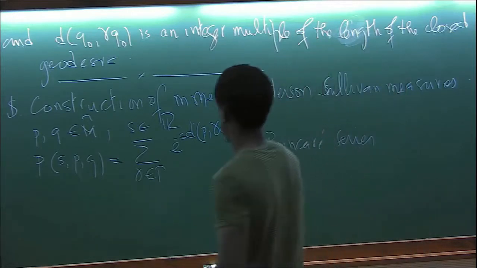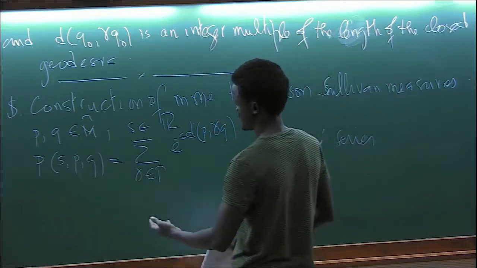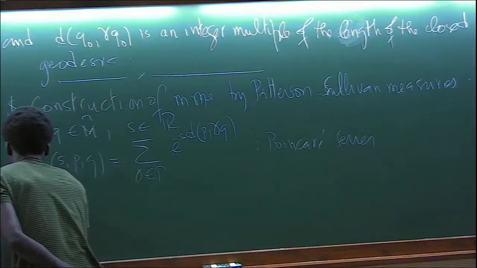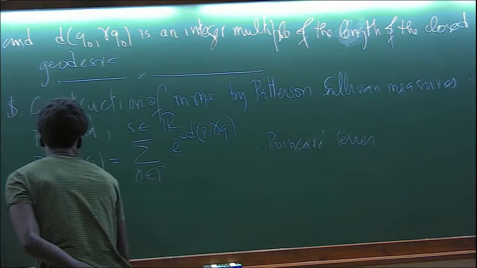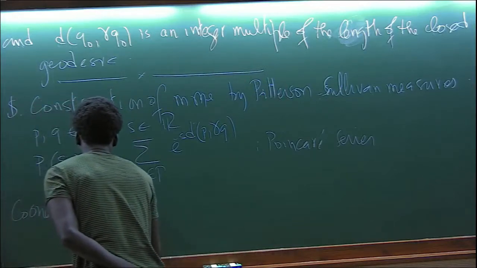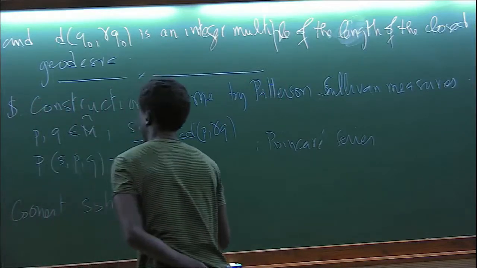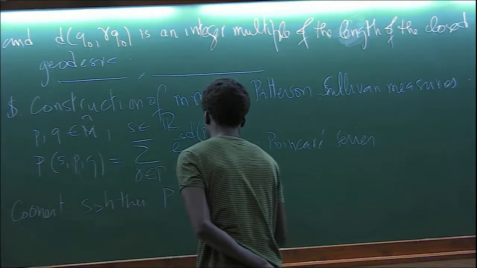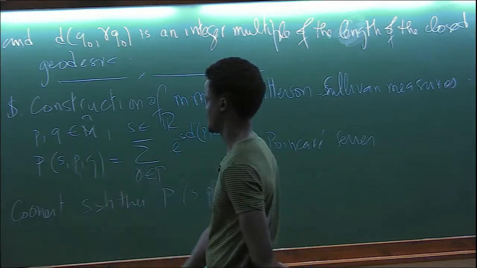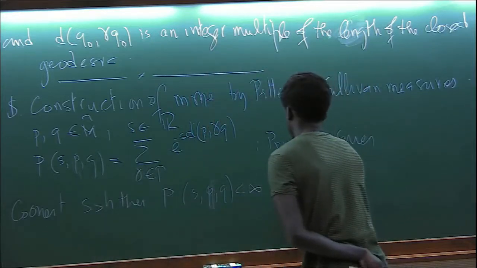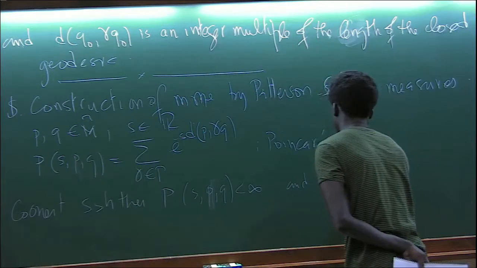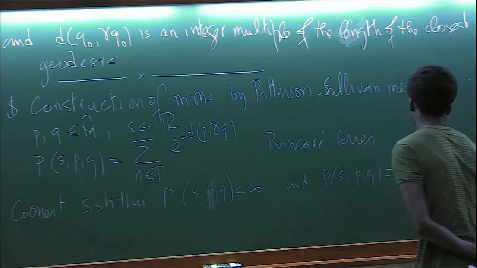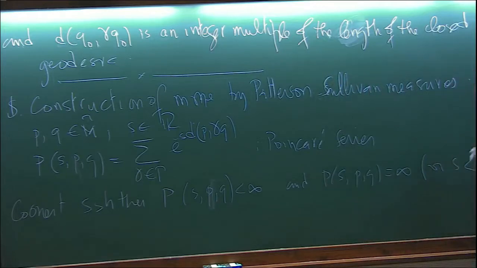And what is amazing here is that it is proved by Knieper that for s bigger than h, this is finite, and it is infinite for s less than h.